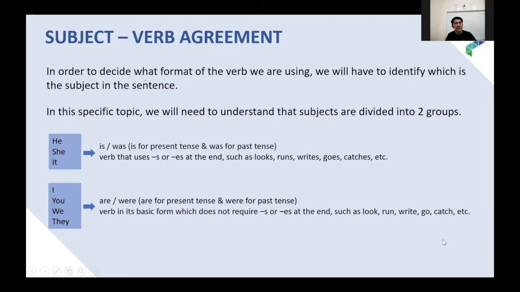And for this verb, we don't have to add s or es at the end. We simply use the verbs in their basic form. For example, look, run, write, go, catch, etc. Okay?